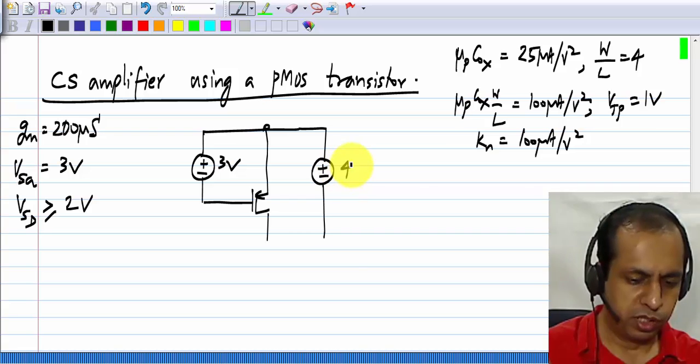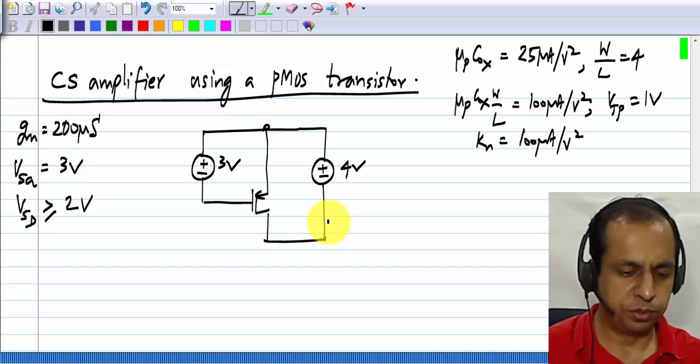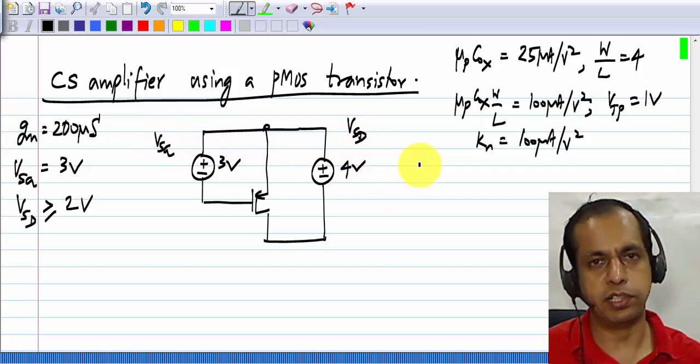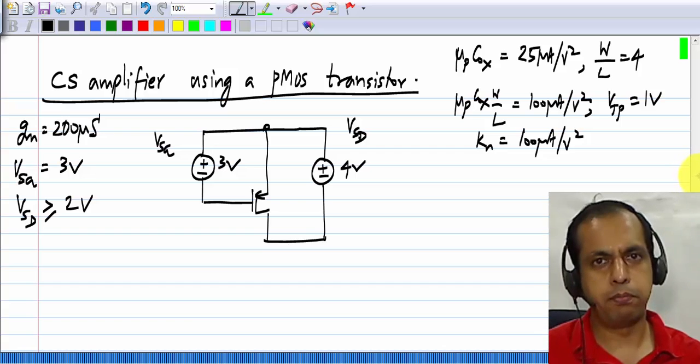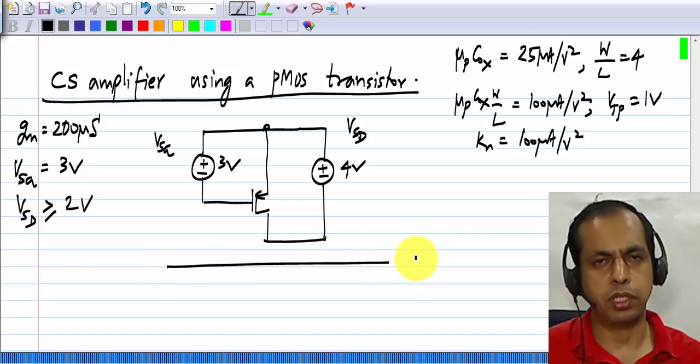So let me assume that it is 4 volts. So this will set up the operating point of the transistor in the saturation region. Okay, VSD equals 4 volts and VSG equals 3 volts, and clearly VSD is more than VSG minus VT. Now this is how you set up the operating point.